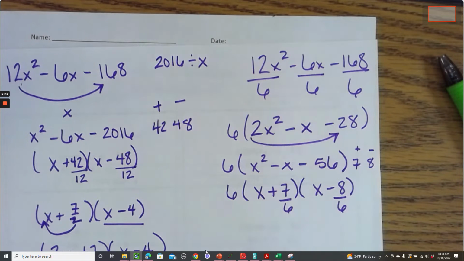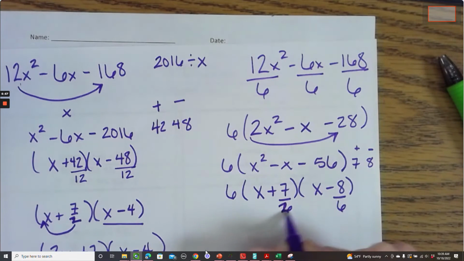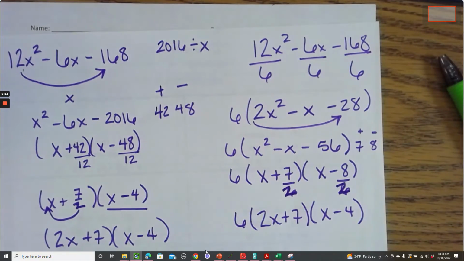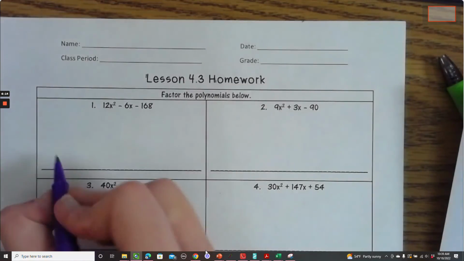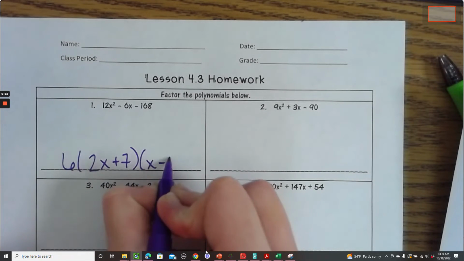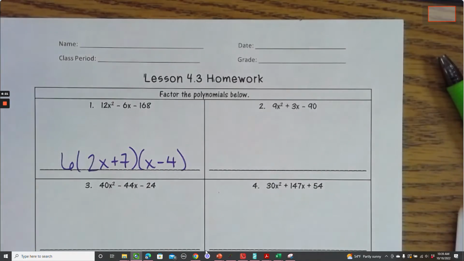That still doesn't seem right. It's not the 6, it's the 2. We slipped a 2. Sorry, I feel like I'm more confused now. So this would have been 2x plus 7 and this one would have been x minus 4. We just forgot to factor the 6 out. So 2x plus 7, x minus 4. Okay, let's be done with that problem, please.